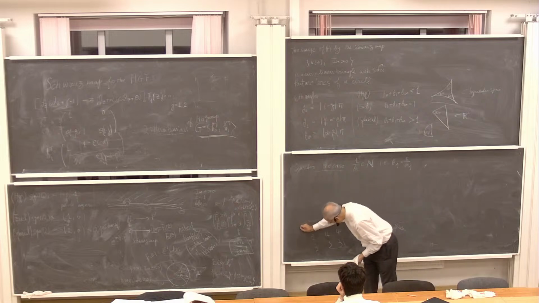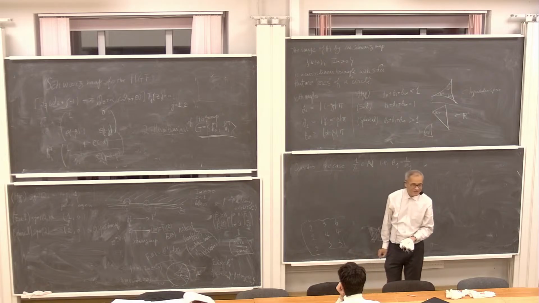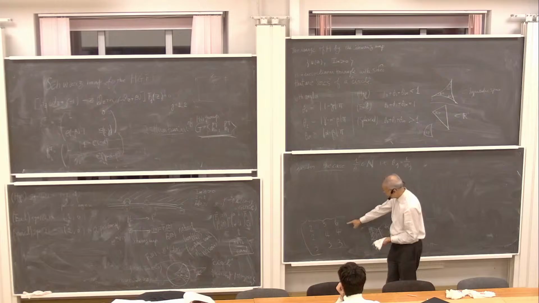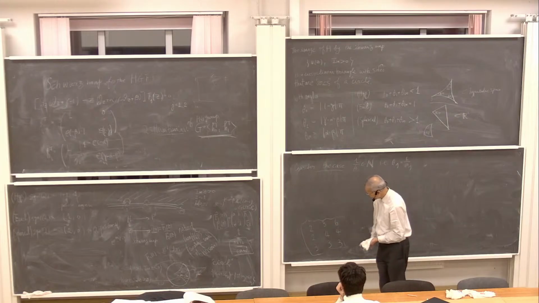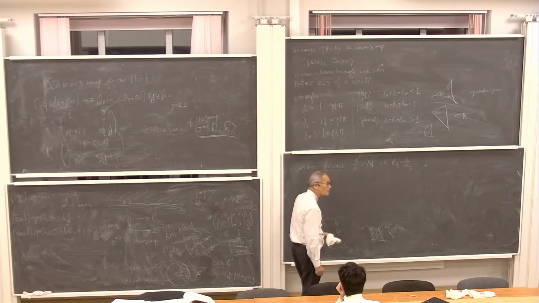So this is a complete list. There is no other. Integers, so that its inverse will give us 1. Complete list.